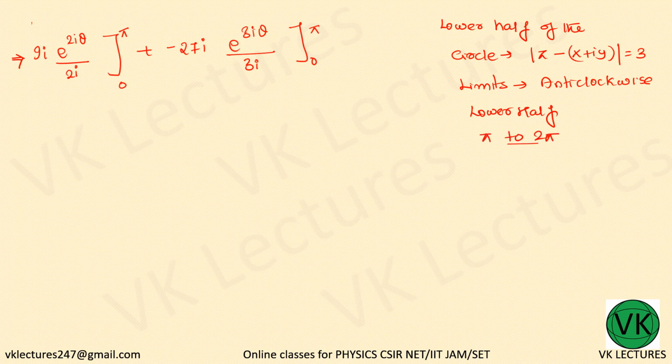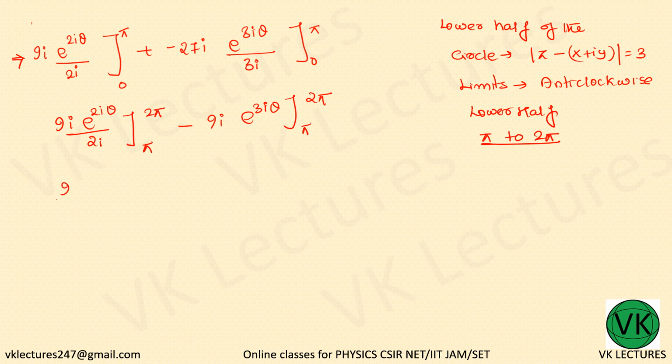So let's change these limits. So 9i e to the power 2i theta by 2i from pi to 2 pi, minus this one can be written as 9i e to the power 3i theta from pi to 2 pi.